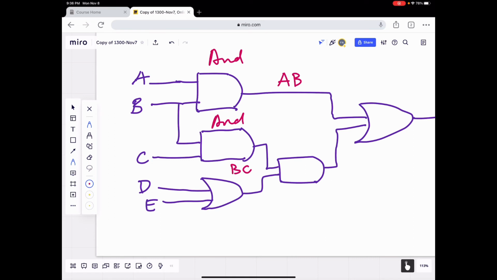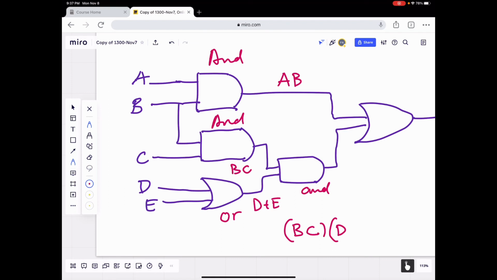And then you have an OR gate, and you've got D plus E. If you look here, BC goes into an AND gate again, so you multiply BC by D plus E, because AND gate means multiply.